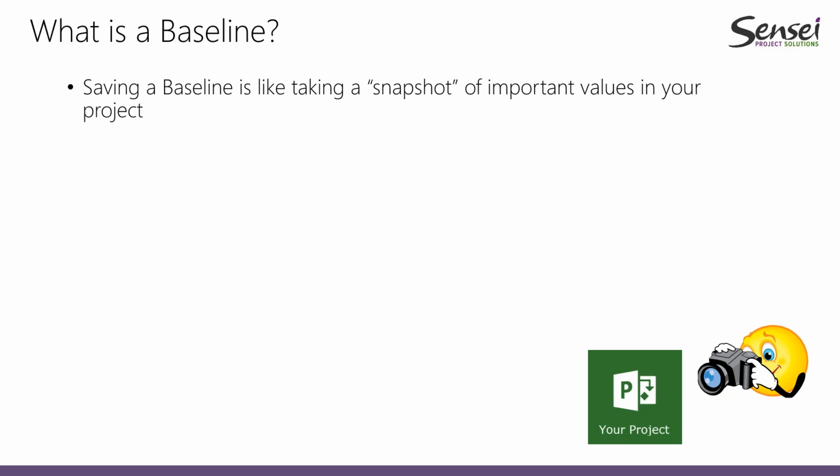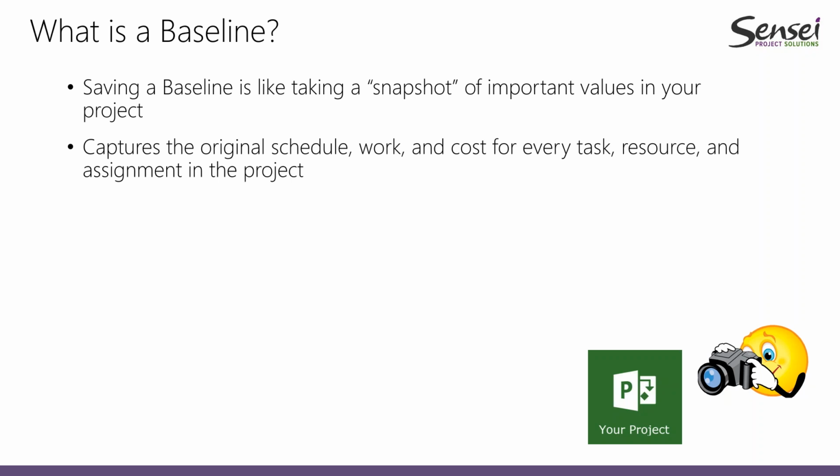At the end of the planning phase, when we are ready to go to the execution phase and ready to track our project, it's a perfect moment to save a baseline, because it captures original information about schedule, work, cost, and duration for every task, every resource, and every assignment in the project.